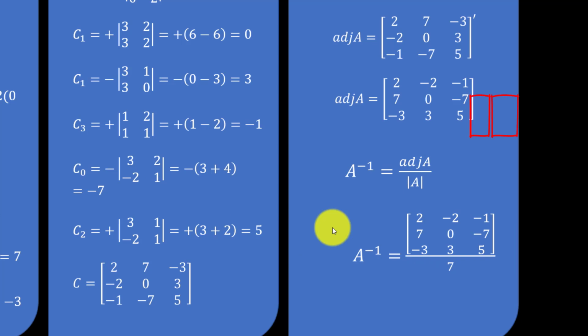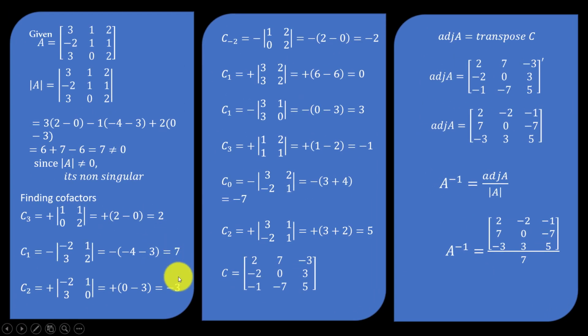If you want, I can explain how to skip the 3 steps here. You can skip the cofactor matrix and the transpose of C, and write the adjoint of this directly. How to write this? It is very simple. Whatever elements we have written row-wise, 2, 7, minus 3, instead of that, take the group of 3 elements you have calculated as cofactors and put them into column form.